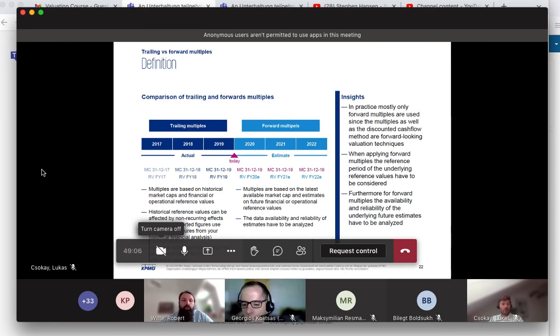Keep in mind that when you calculate historical or trailing multiples, you use, for example, the net income for Twitter of 2018, and you probably want to take the market cap as of the end of 2018. You don't use the current market cap or the current stock price, but rather the historical market cap that correlates to the historical net income.